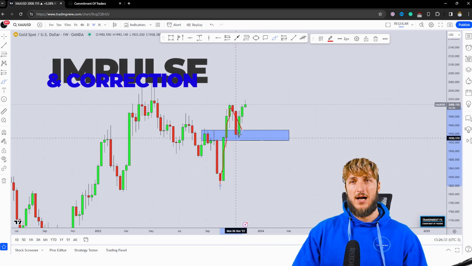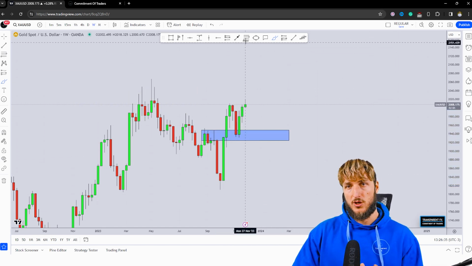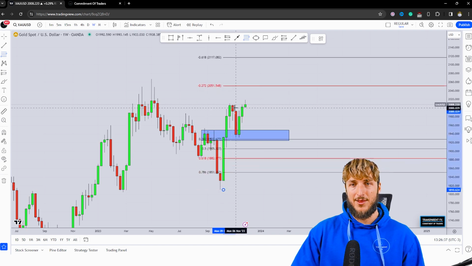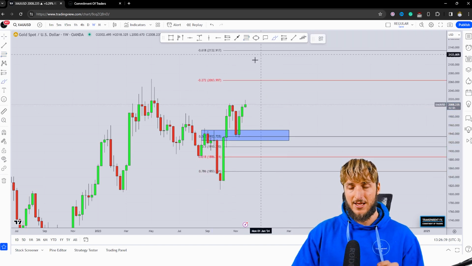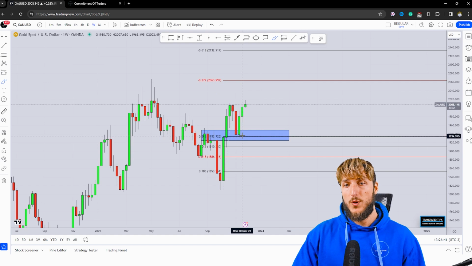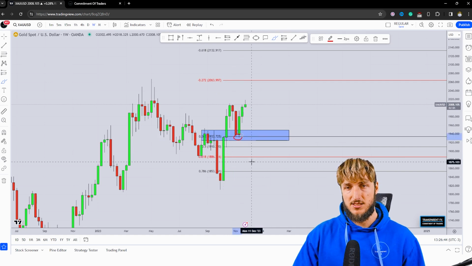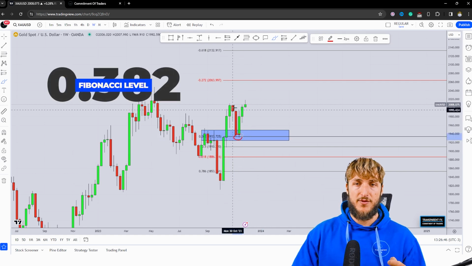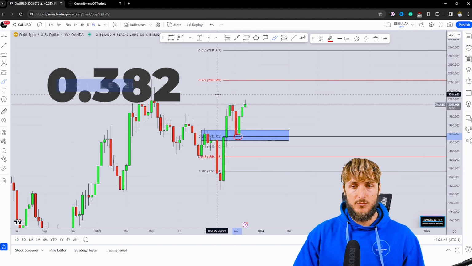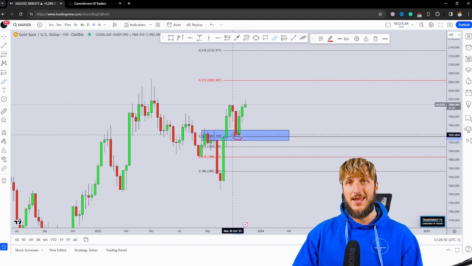And in general, after an impulse, if you want to measure the correction, you have to take your Fibonacci from the low to the high of the impulse leg. And if we look closer in this case, we can notice how the market stopped precisely at the 0.32 of the Fibonacci taken on the weekly impulse leg, which in this case was lining up precisely with the previous resistance turn support.